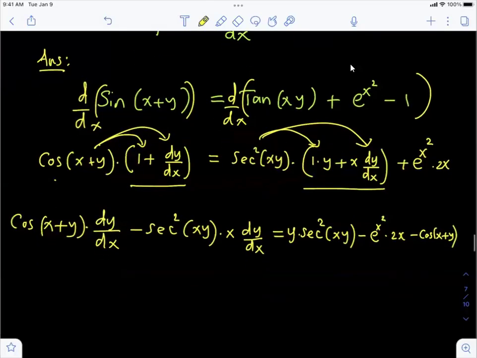So all I need to do is gather these two terms, factor it out, and divide the whole thing by that common factor, the factor provided by these two terms.